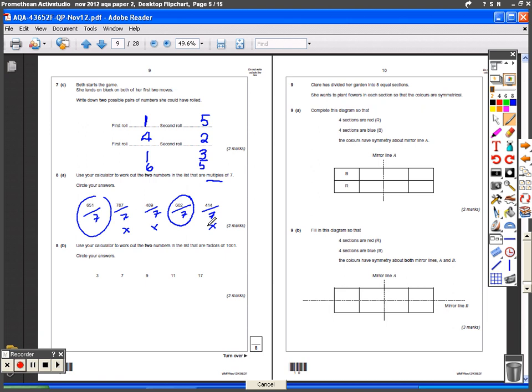Use your calculator to work out the 2 numbers in the list that are factors of 1001. So that's a factor. Okay, so that means a number that goes into 1001 exactly. So again, we divide 1001 by each of these numbers.